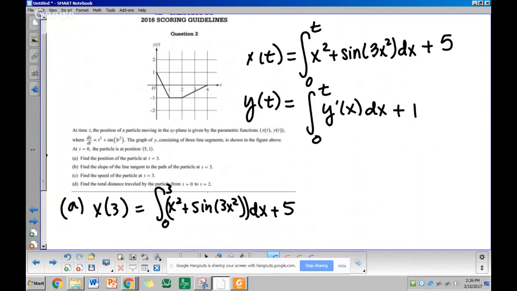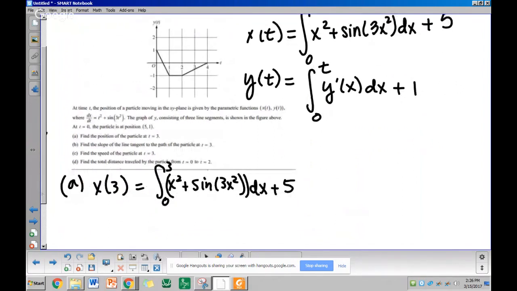Would somebody give me what the x component would be? 14.377. Okay. Do I get concurrence?